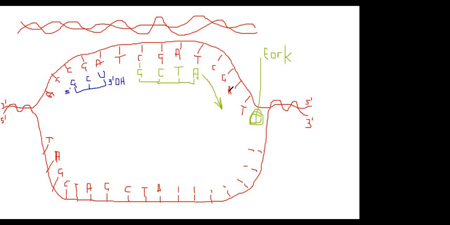As it approaches the replication fork, it keeps synthesizing this complementary strand, and the DNA continues to be unwound and separated so that DNA synthesis can continue in a continuous fashion. So that's how the leading strand of DNA is said to be replicated.